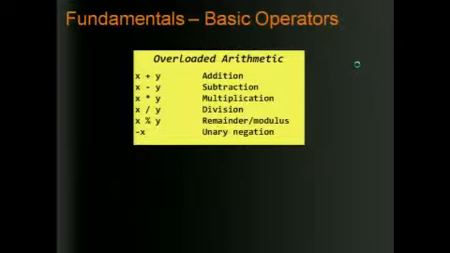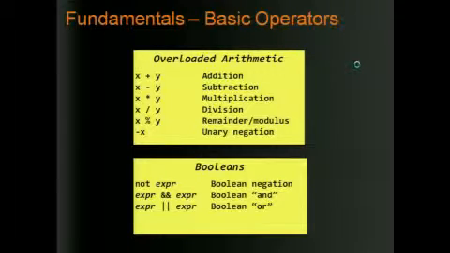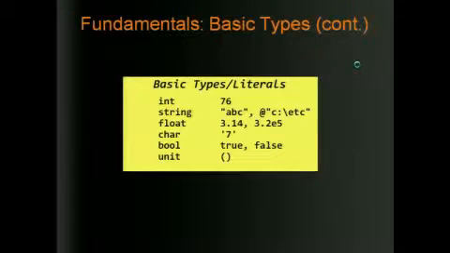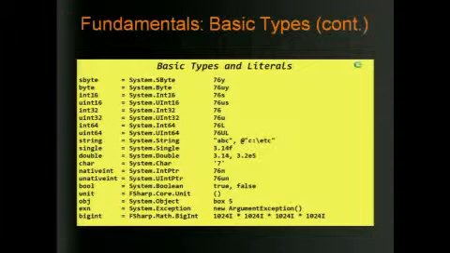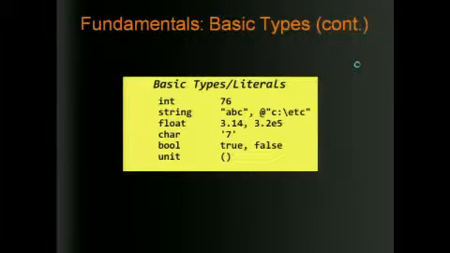Okay, so just looking at some basic arithmetic, you have all the usual things you'd expect here, the booleans. But you don't use the bang for not, you just use not down here, but otherwise everything is as you'd expect. And we have basic types and basic literals. So let's take a look at some of these. It's the usual thing you'll see from C# here. You'll have characters with the ticks around them.